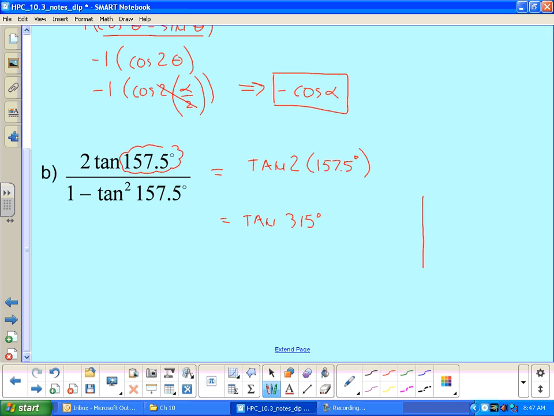And then going back, remembering 315 degrees, quadrant 4, reference angle of 45 degrees. We have a -1 and a 1 there, my tangent. And so therefore the tangent of 315 is equal to -1. So that's how that one simplifies.